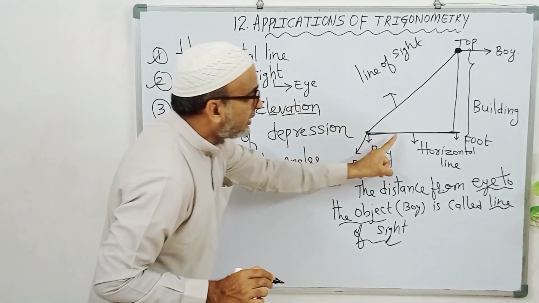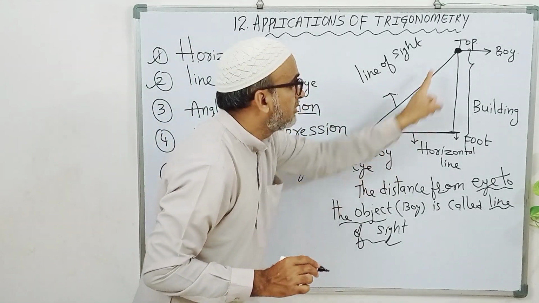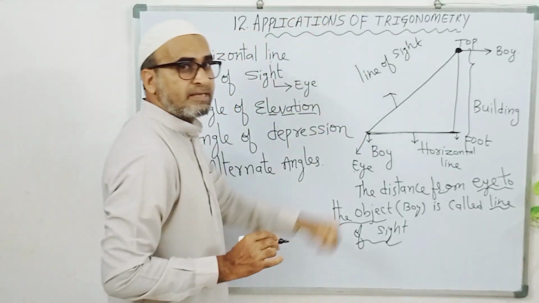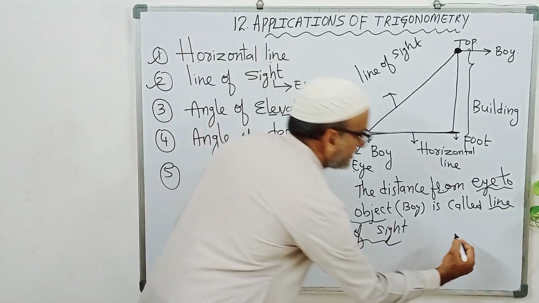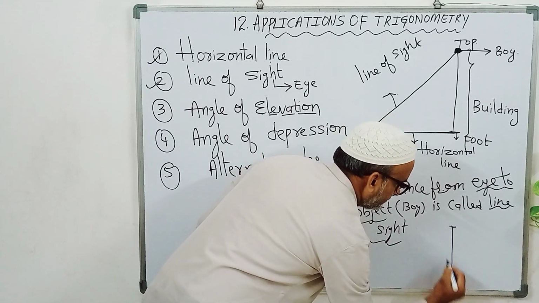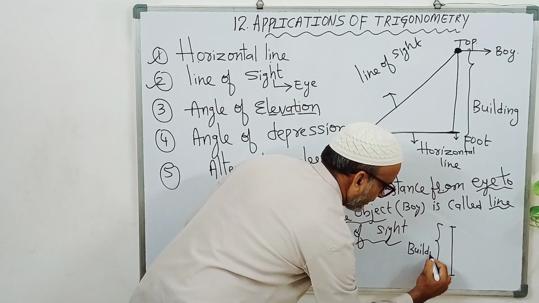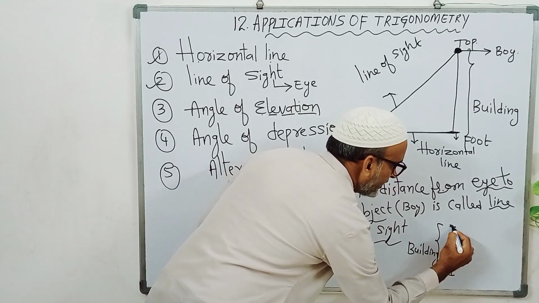Now you see, the horizontal line may be at the bottom, maybe at the top also. Now one more case. This is the building. Here one boy is sitting.